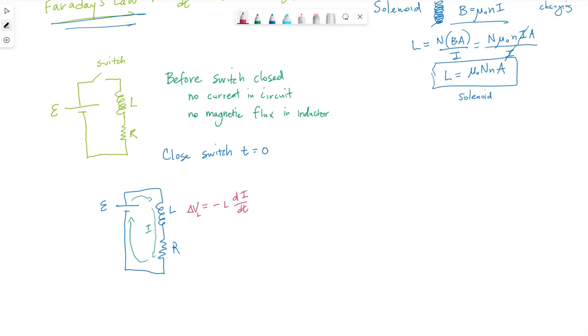Now the resistor, of course, we've talked about resistors already. The voltage drop across the resistor depends upon how much current is flowing through it and its resistance. So initially there was no current, so there was no voltage drop across the resistor.